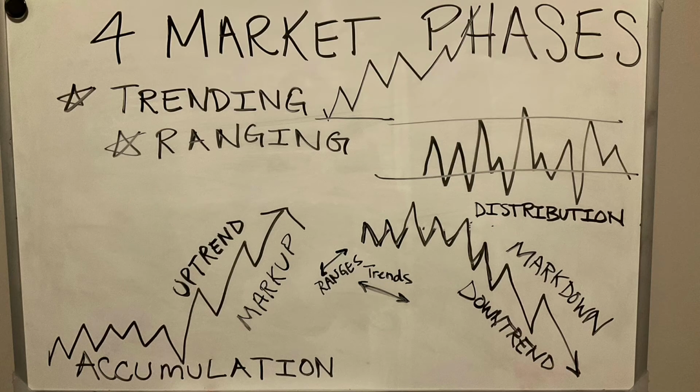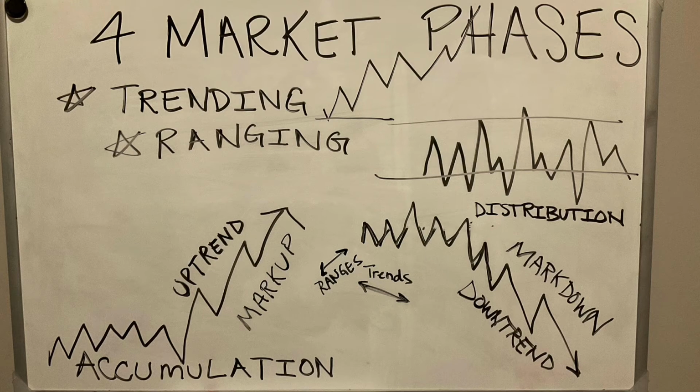So just like market sessions, you have 4 market phases, but I like to break those market phases down into basically 2 types of market, which are trending and ranging markets. In a trending market, the price typically trends in one direction more than the other, and in a range, price usually is trapped in a consolidation phase.